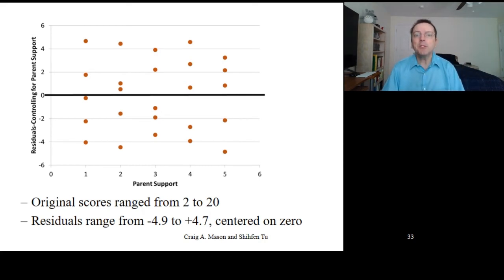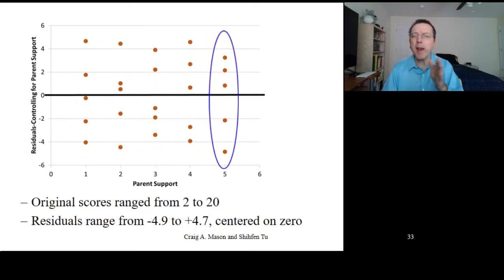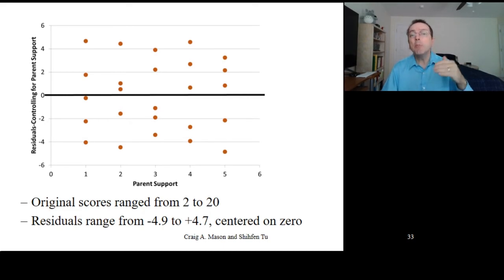The values for the residuals are pretty much the same across the entire range of parent support. This illustrates how we can statistically remove the effect of parent support from our behavior problem scores. Pretty cool, huh? Now, let's color code the residuals based on peer problem behavior.